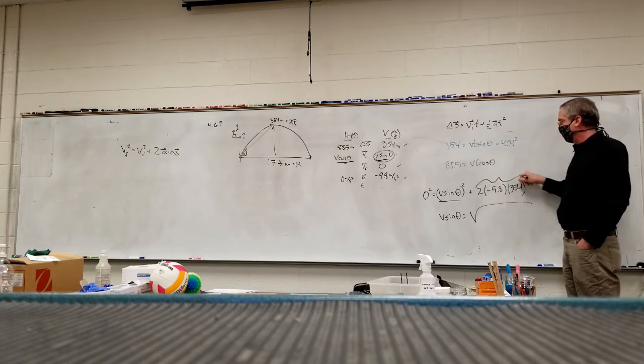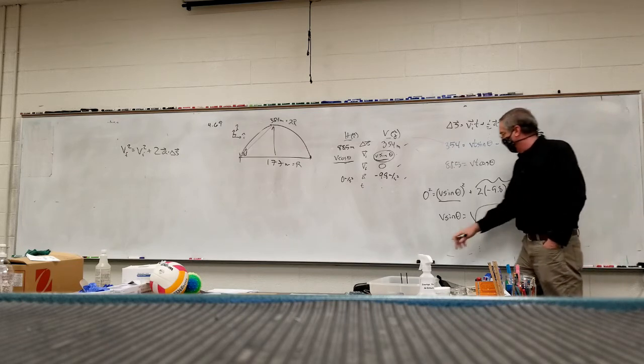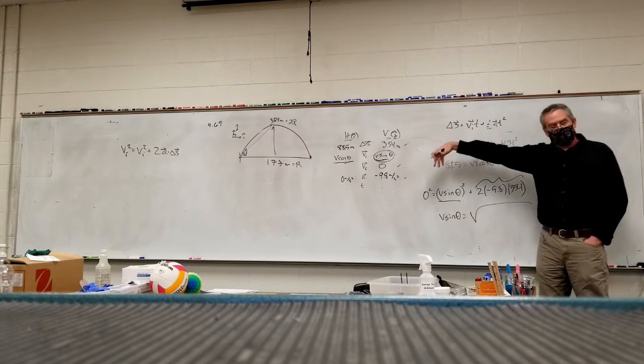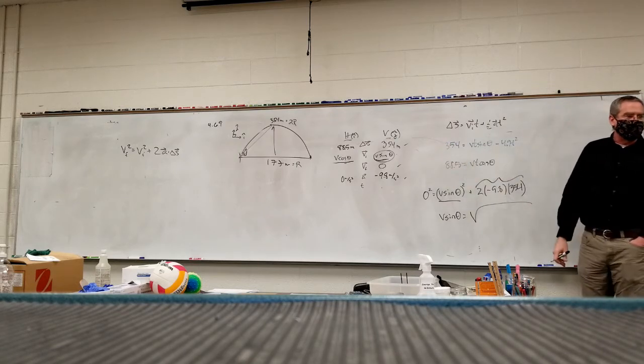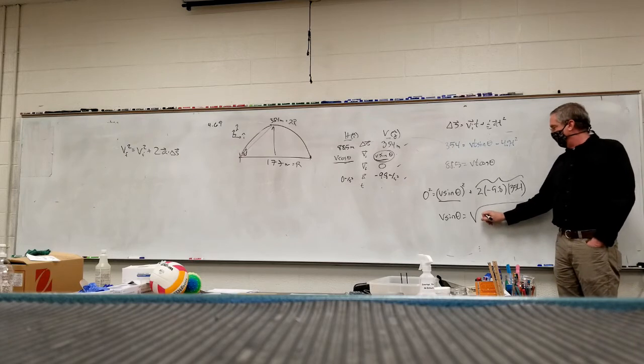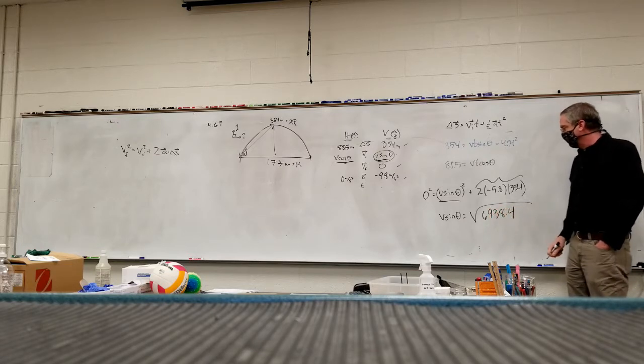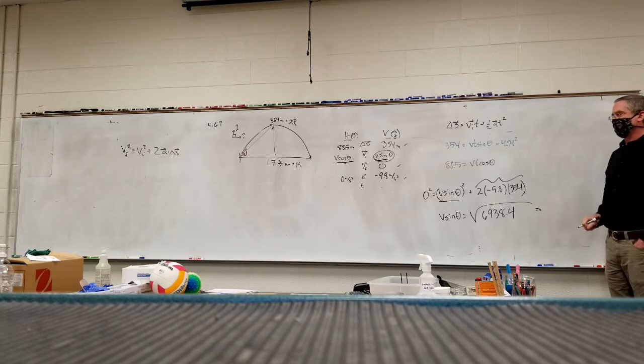Would v sine theta be negative? It depends on how we're going to do it. I figured we'll multiply this all together, this is negative, and then we'll add it to the other side. That would be negative 6,938.4. And so that's before you take the square root.